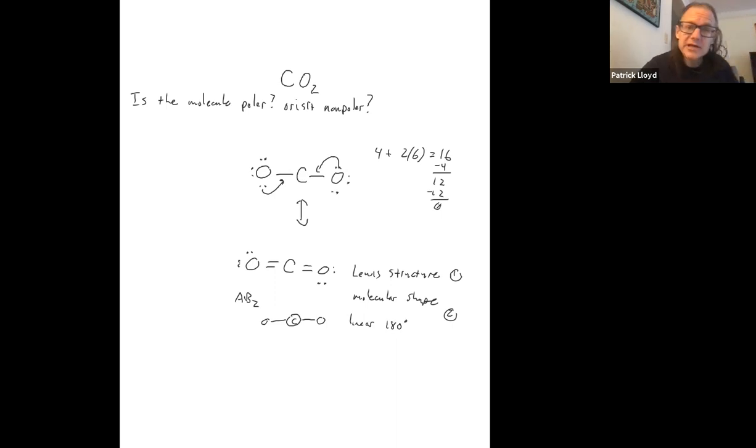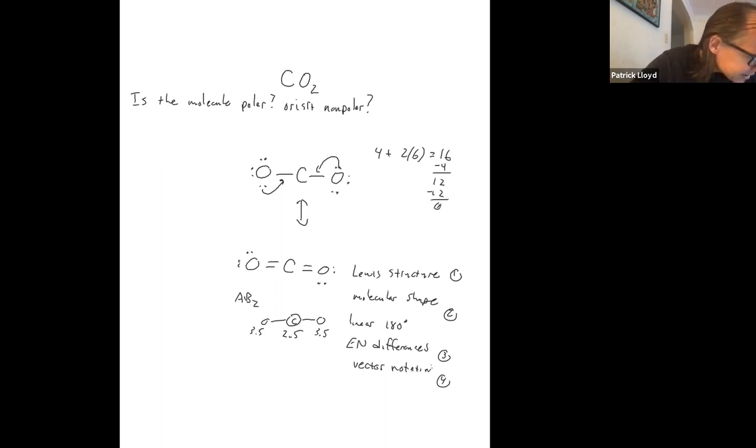Okay, so now we have an idea of the shape, right? It's a straight line. So now step 3, look at electronegativity differences. Okay, so how do I do electronegativity difference? Well, this one's 3.5, this one's 3.5, this one's 2.5. Okay. All right, step 4, do the vector notation.